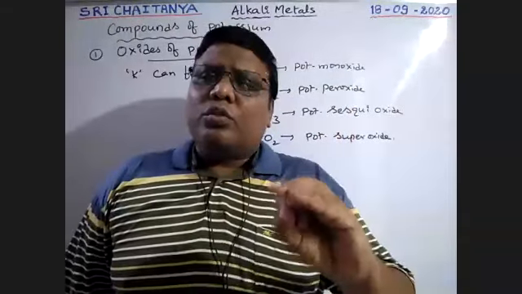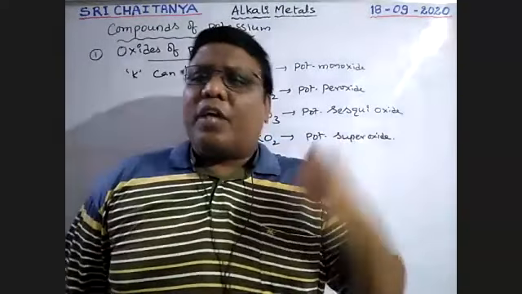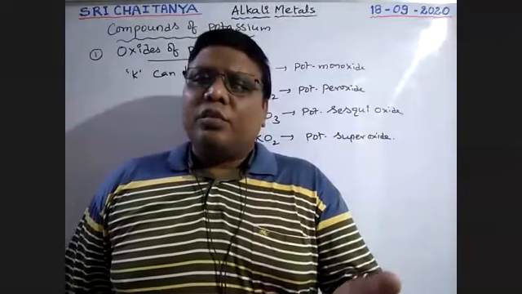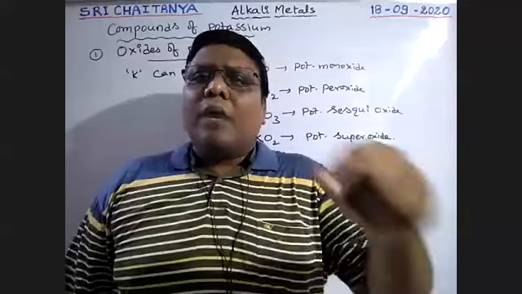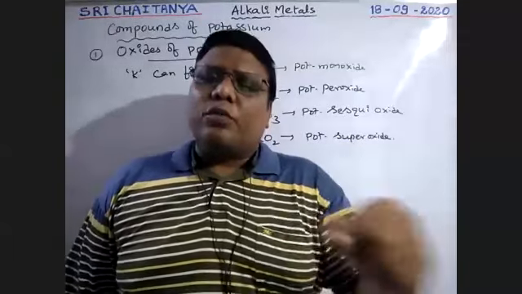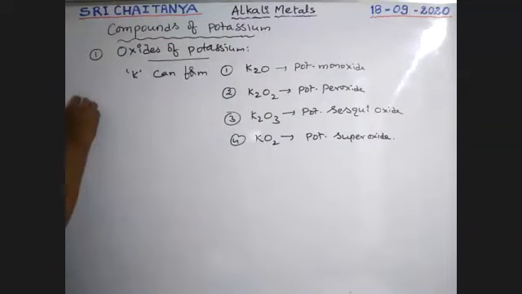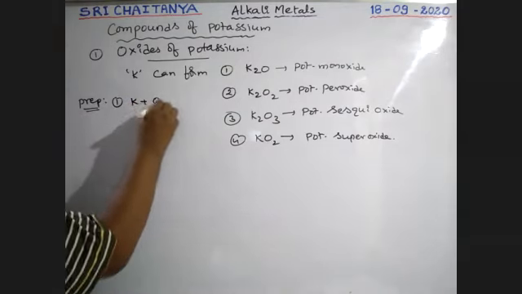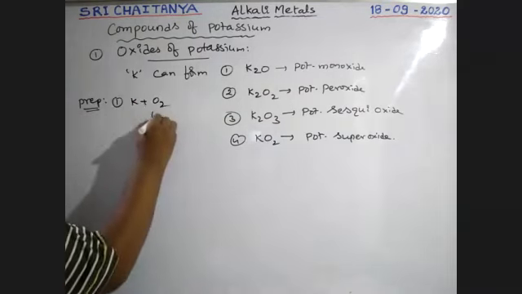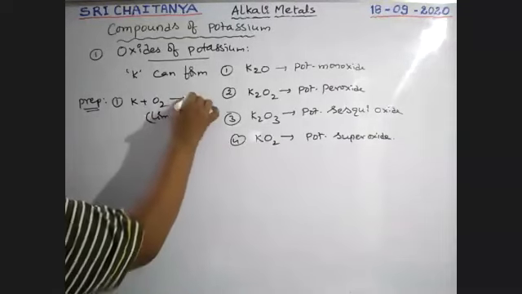Similar to their preparations, if Na is replaced with potassium, we will get potassium oxide. See here the preparation methods. First one, when potassium is heated with a limited supply of oxygen, that gives K2O.